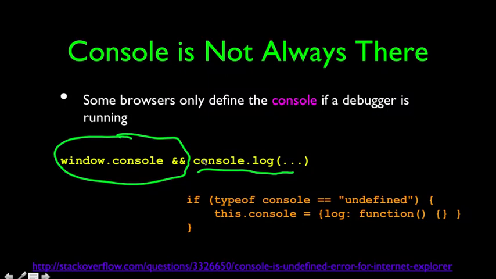This is just a real succinct way of saying that: window.console && console.log. You can look up all kinds of ways to deal with console.log. This is my preferred way to do it, but you can also, if the console variable doesn't exist, set that up and set a log function, but this is my favorite way to do that.